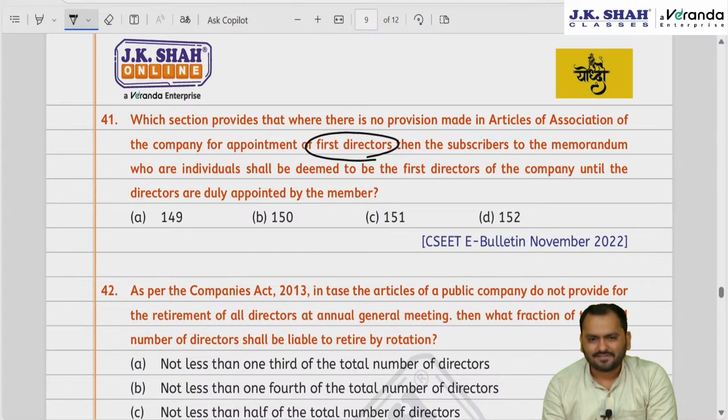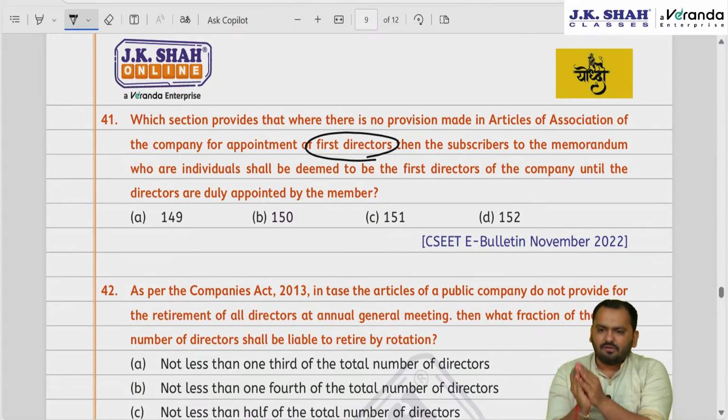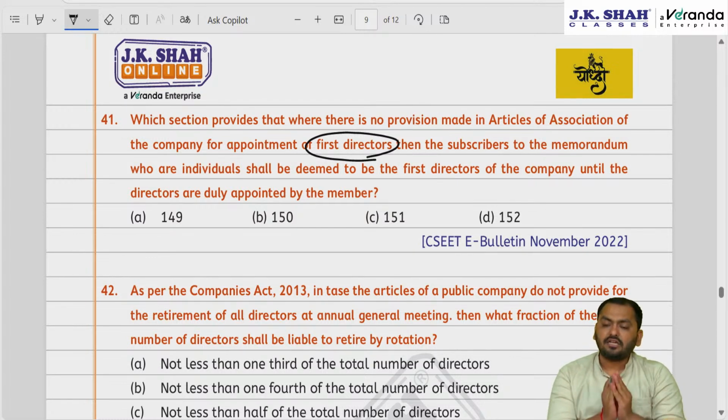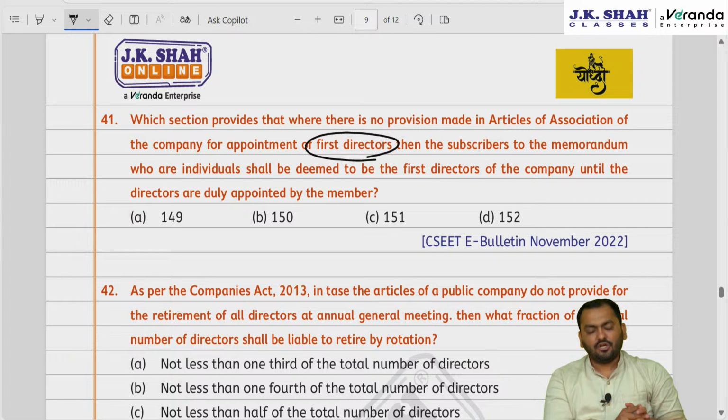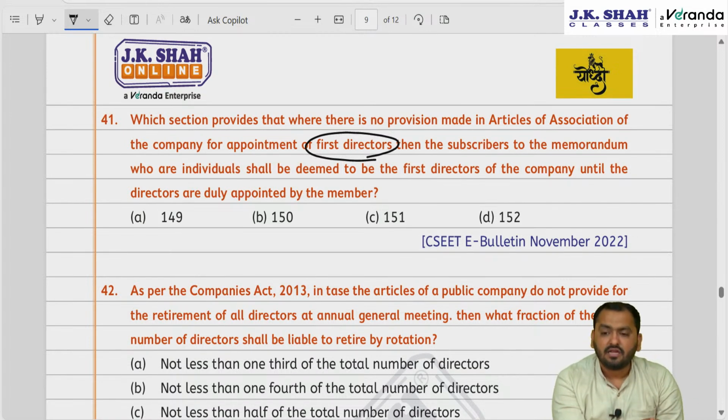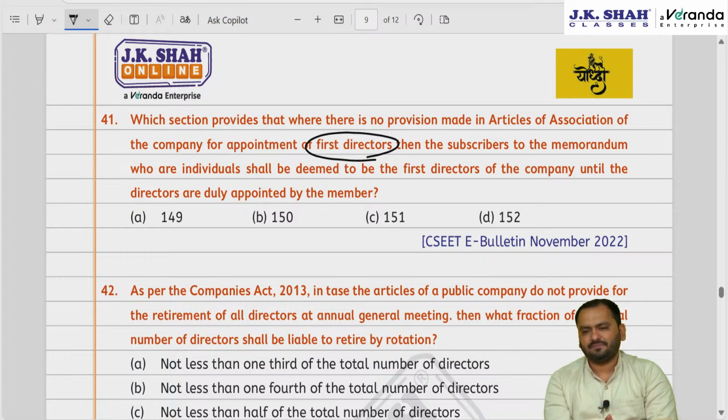So if we revise this, the first director shall be a person whose name is mentioned in the articles of association as first director. Whoever's name is written as first director in the AOA will be the first director of the company. But sir, what if the name is not mentioned in the AOA?